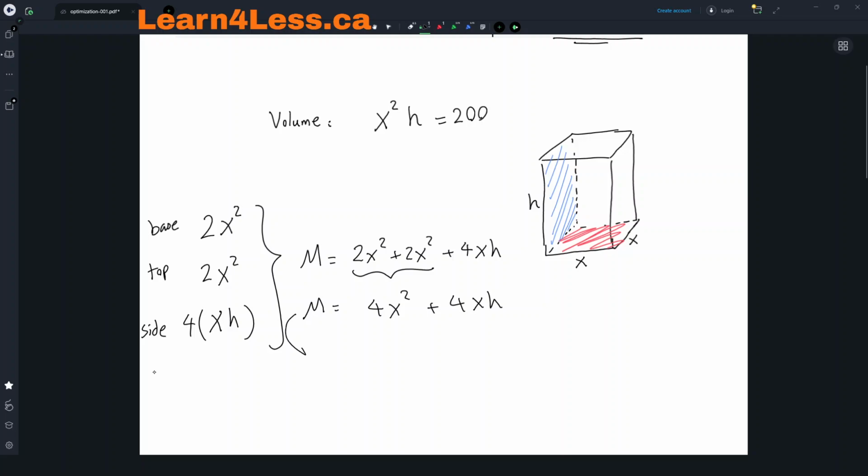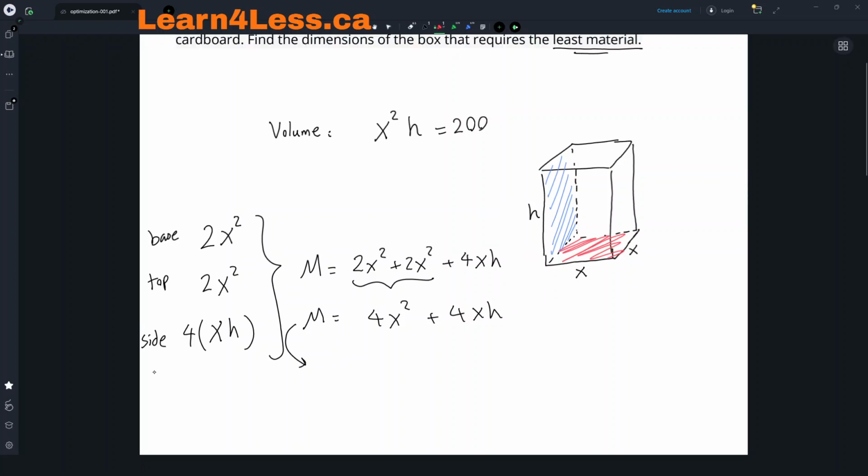To take the derivative of this, there is a little bit of an issue: we have more than one variable. We have x and h. And this is not a multivariable function, because x and h are not independent. They are dependent on each other. Why? Because we have another equation, which is that x squared h is equal to 200. This is called a constraint.